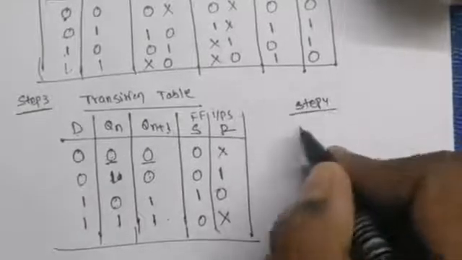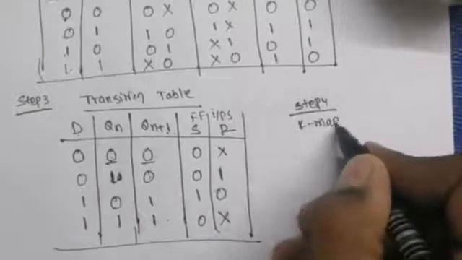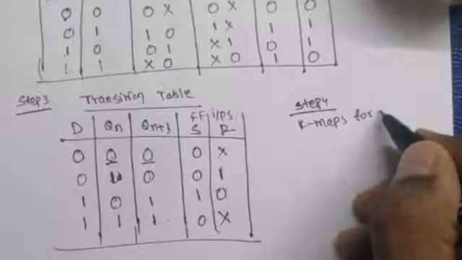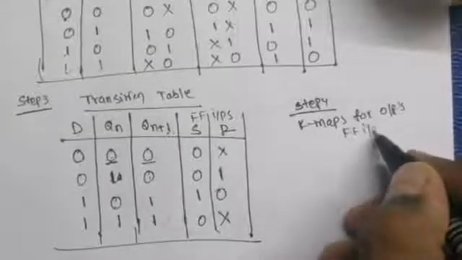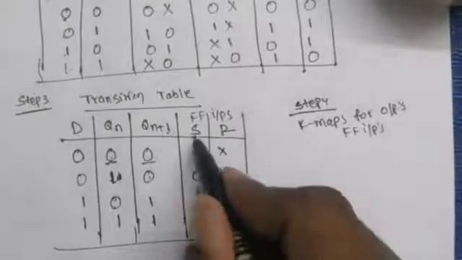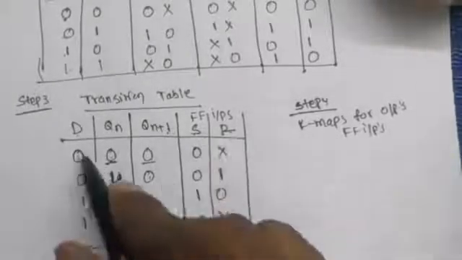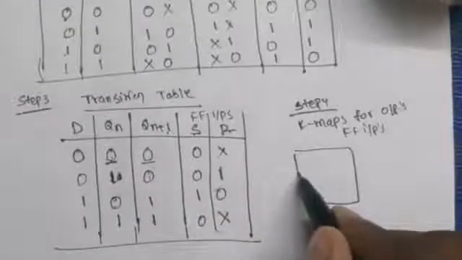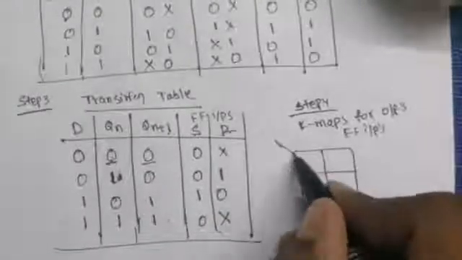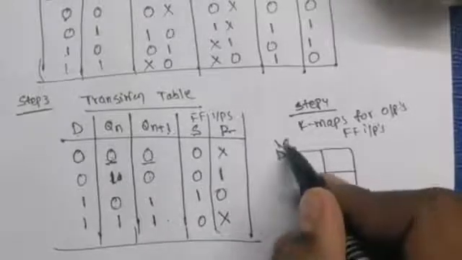So now in step 4, we have to discuss Kmaps for outputs. Here the outputs are nothing but the flip flop inputs. One is S, another one is R. Two variables are there, so we have to draw a two variable Kmap for S, where the inputs are D, Qn.